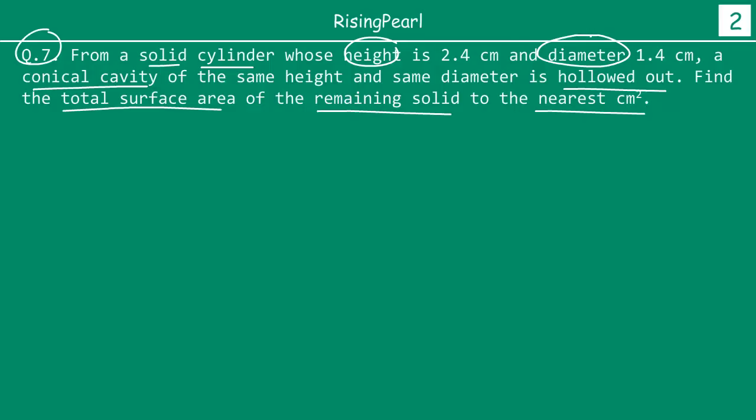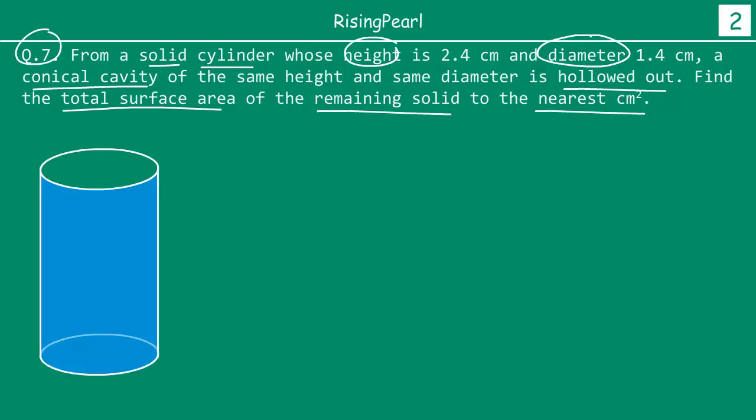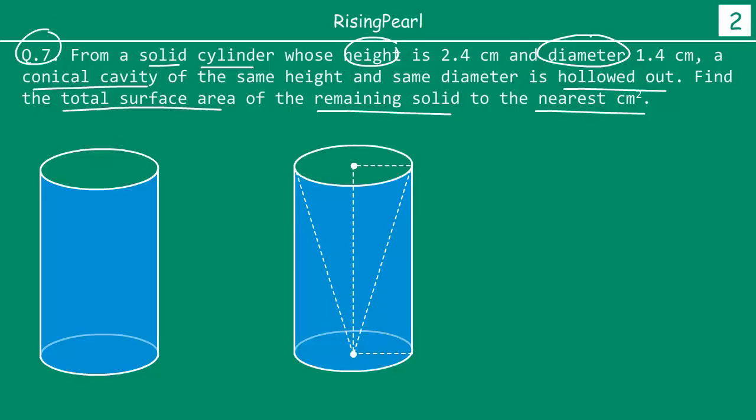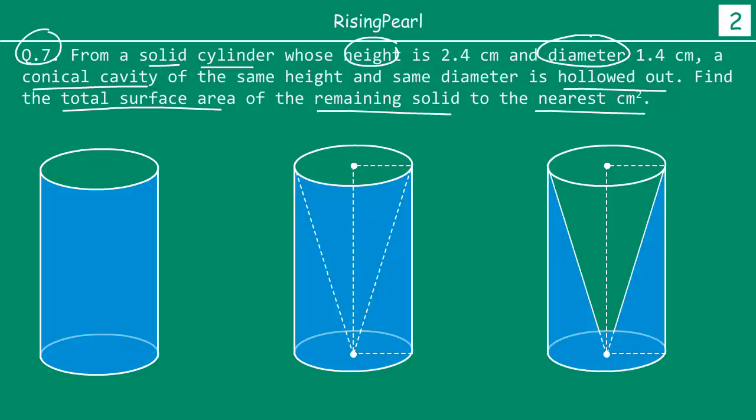So if you were to just draw this, we are going to draw first the solid cylinder, and then we are going to actually cut out a cone from the solid. So our final solid will look like this. We started out with a solid cylinder, right?